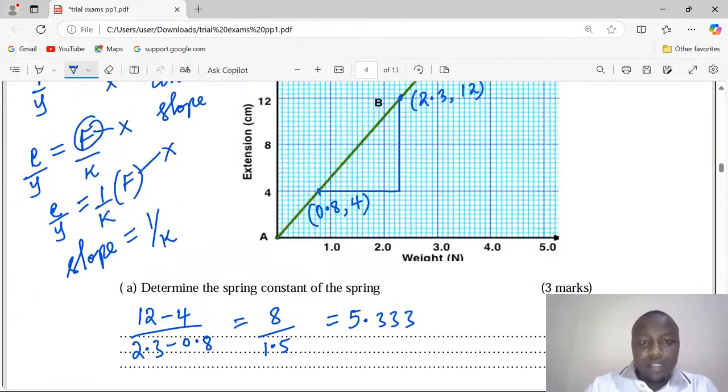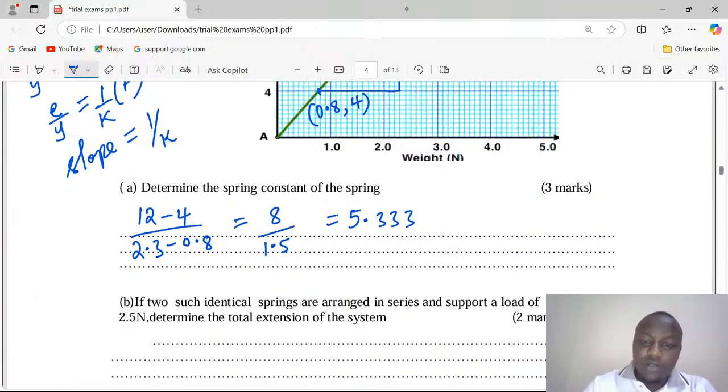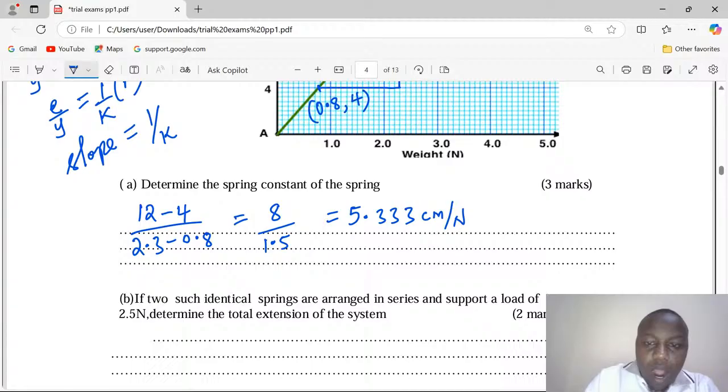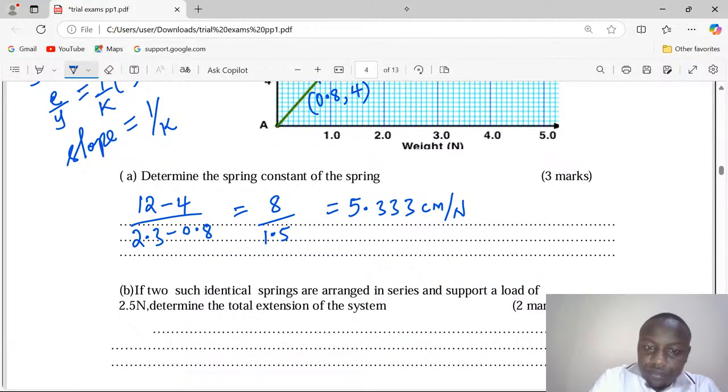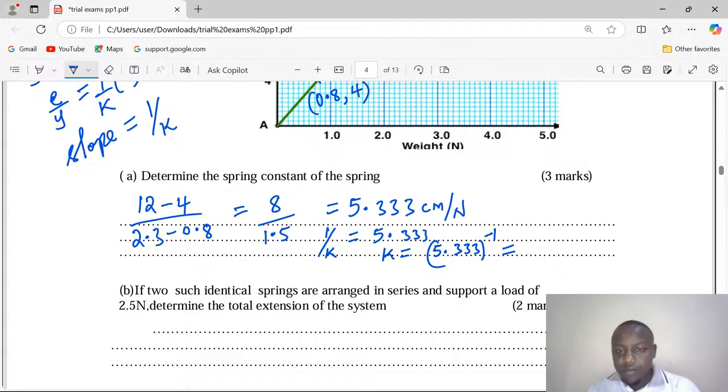Remember, this one is centimeters per Newton, which means our K now, because 1 over K equals 5.333, then K is going to be, using your calculator, you find the reciprocal.